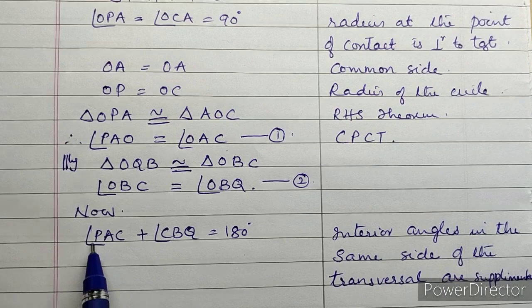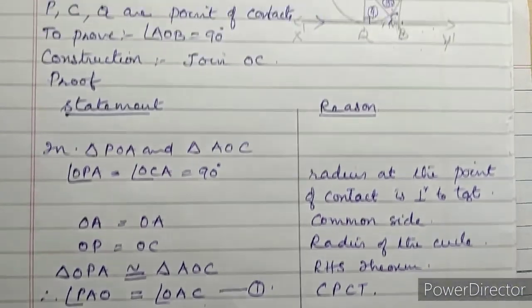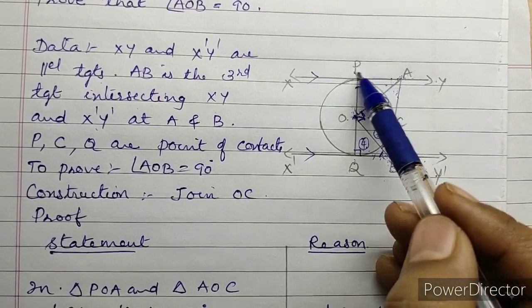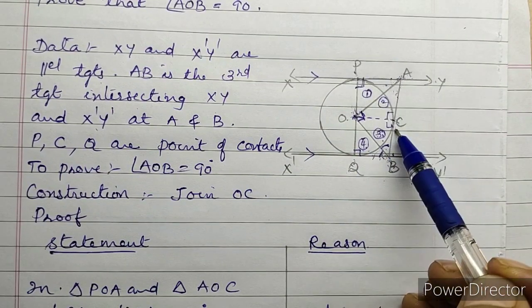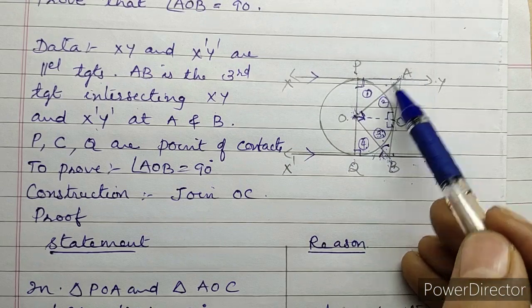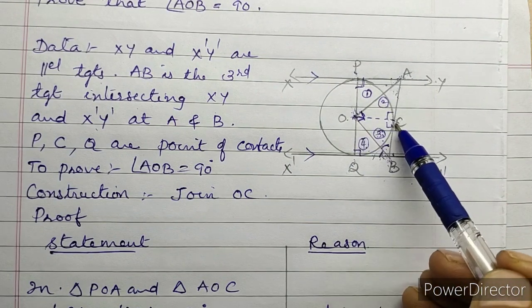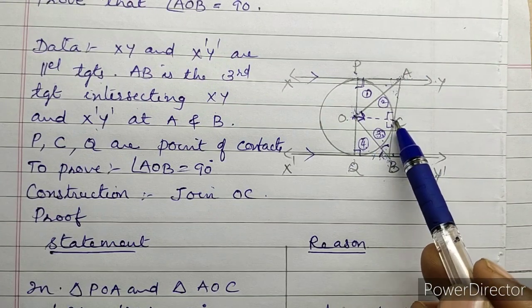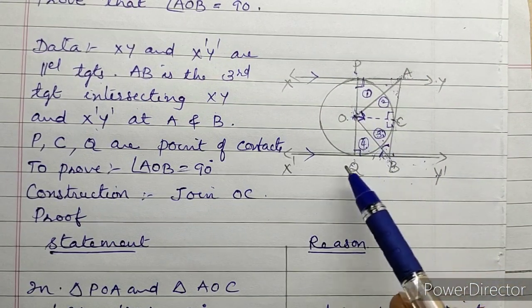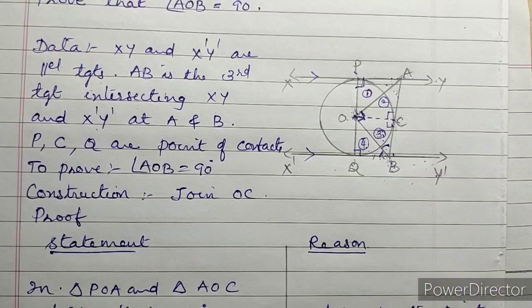Now you have to split these two angles. See the diagram once again. PAC and CBQ. PAC, how can you split? You can split it as PAO plus OAC, these two. Now this angle, how can you split? CBO and OBQ. So you have to split it and write.